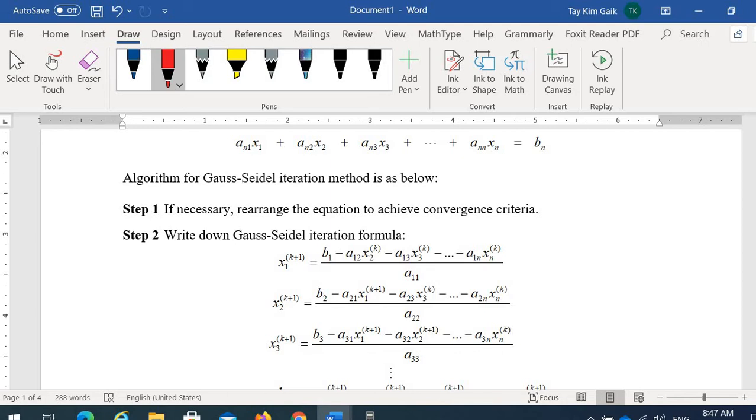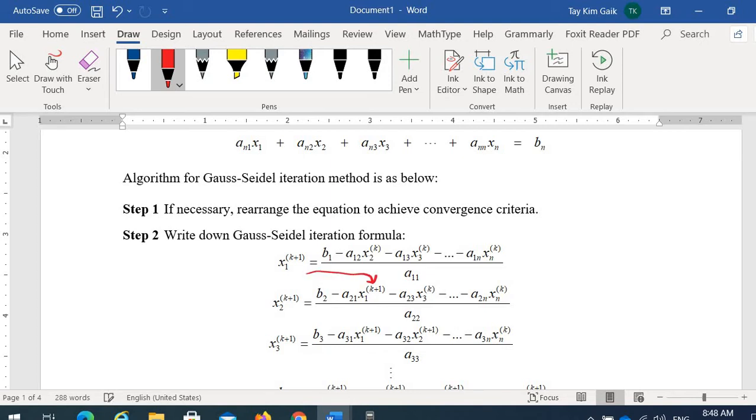The variable at the left side is always at step k plus 1. Let's say we consider up to 3 unknowns, up to x3. So x2 is b2 minus a21 x1 minus a23 x3 divided by a22. Since we have the new solution for x1, that's why we put it here.